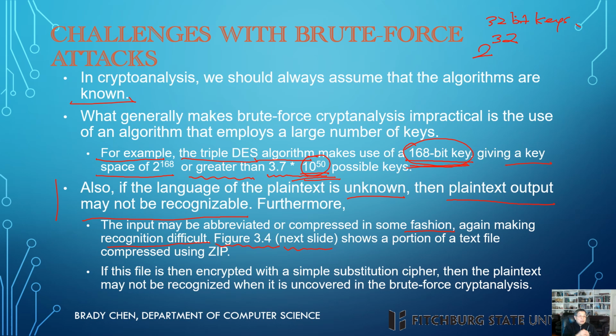Then you use brute force cryptanalysis to break the triple DES, and you get a whole bunch of messages, and which one is the plain text? Because the Caesar cipher was already used to encrypt the original plain text into cipher text, and now you use triple DES to encrypt the cipher text generated by the Caesar cipher. So you use encryption twice, and even though the first one is very simple, it already causes a lot of challenge.